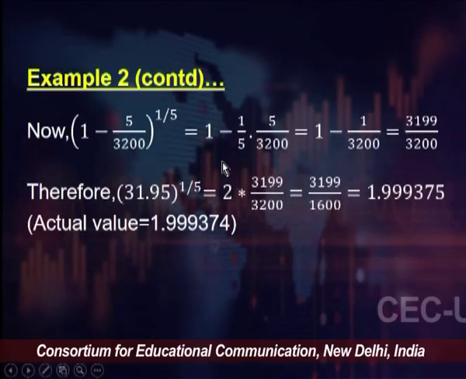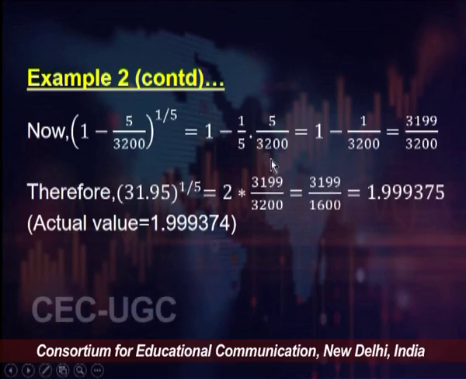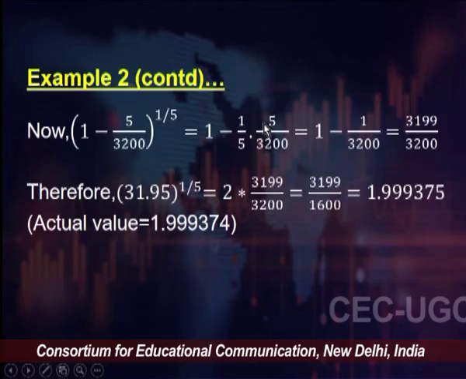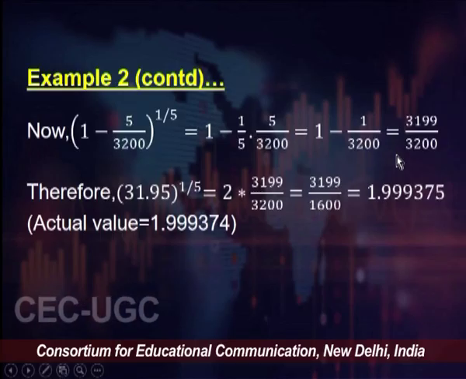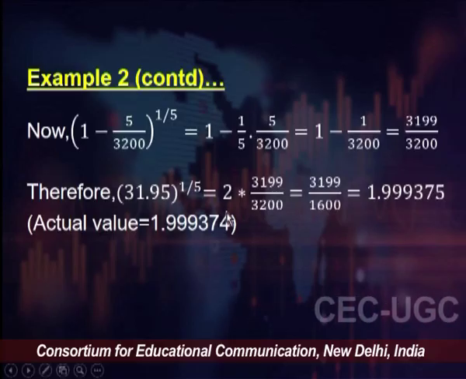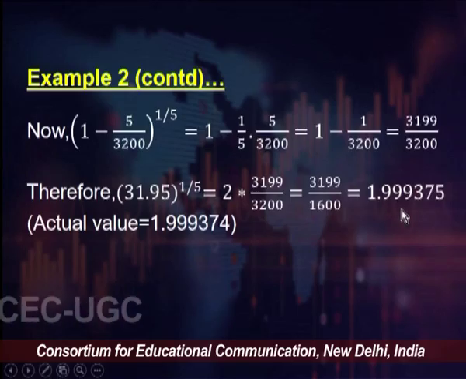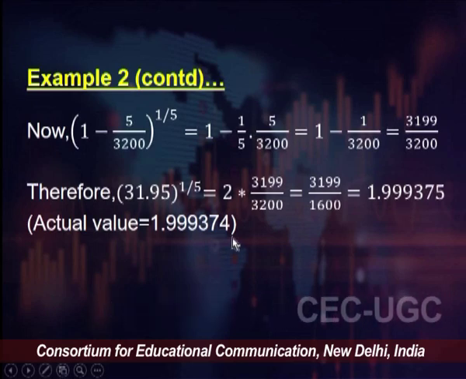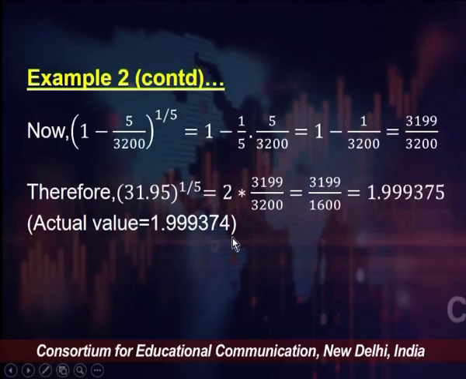So, 1 minus 5 by 3200 to the power 1 by 5 can be written as 1 minus 1 by 5 times 5 by 3200, which in turn is equal to, because the 5 in the denominator will cancel out the 5 in the numerator, 1 minus 1 by 3200, which is 3199 by 3200. Remember to multiply this by 2 for the final result, and the final result is 1.999375. Again, you can see the result that you get is so close to the actual value. So it's an amazing result.